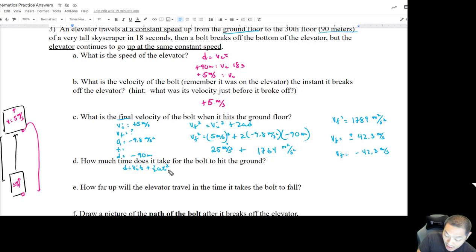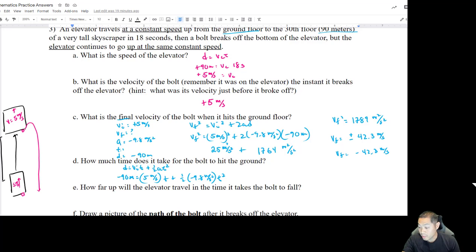If I plug it in, I'm going to get a polynomial. I'm going to leave out the units just because it's going to get pretty nasty. Actually, I'll leave them in. vi was 5 meters per second, times t, plus 1/2 times negative 9.8 meters per second squared times t squared. So, do we have to do this?